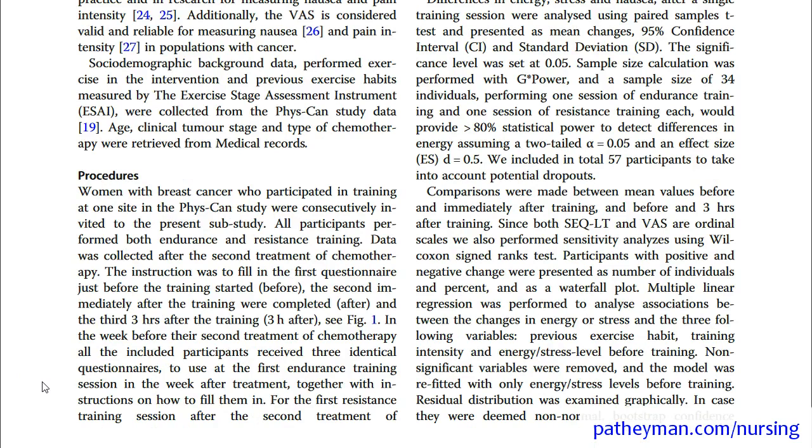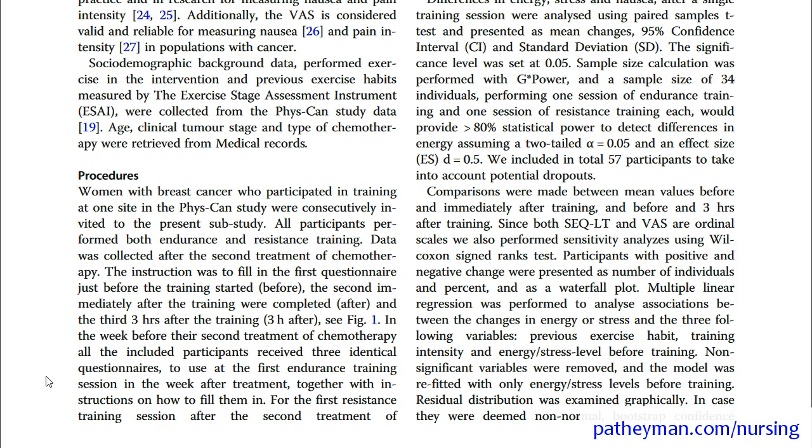Now, as far as the study factors go, remember that a factor is anything that could affect the study variable. So in their case, what they want to know is, did exercising affect those four response variables? And then they also want to know, does the type of exercise affect it? And how does time affect it, 1 versus 3 hours later?